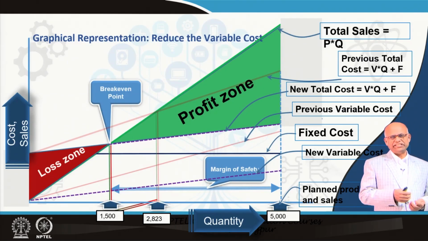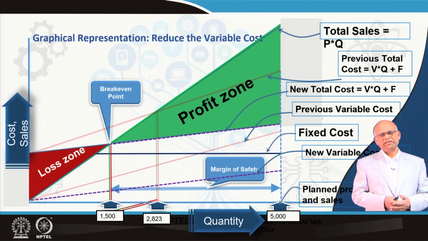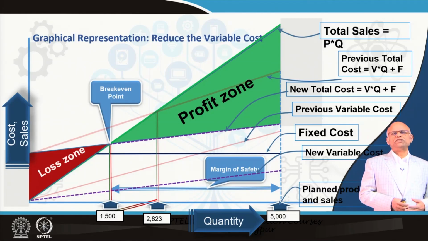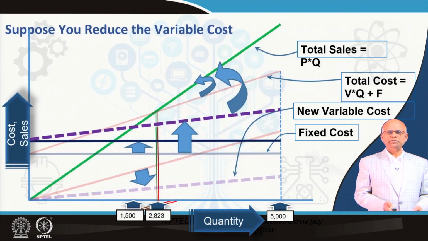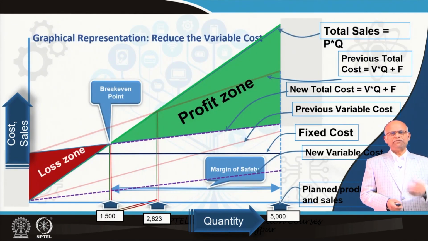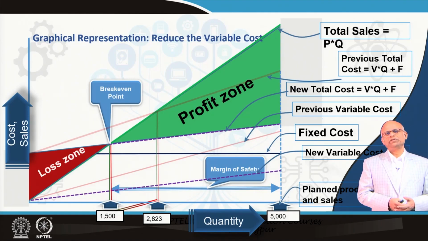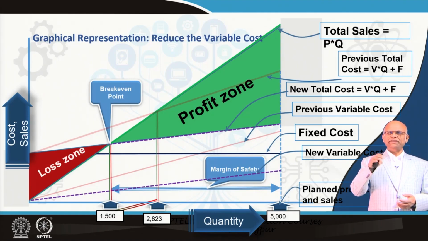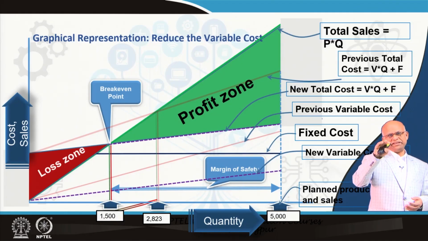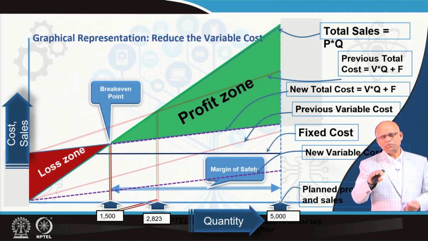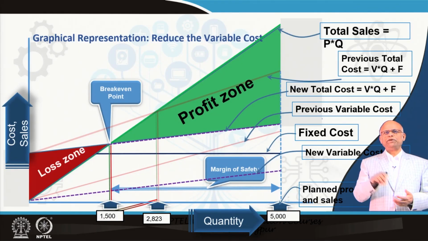So, let us see in the first example, we will assume that fixed cost remains the same, whereas variable cost changes, in any case hypothetical. How the break even point changes is intuitive, but still I am just showing. In the first one, you see the break even point is coming down to 1500 if the variable cost, the pink line, comes down to the dotted purple line.